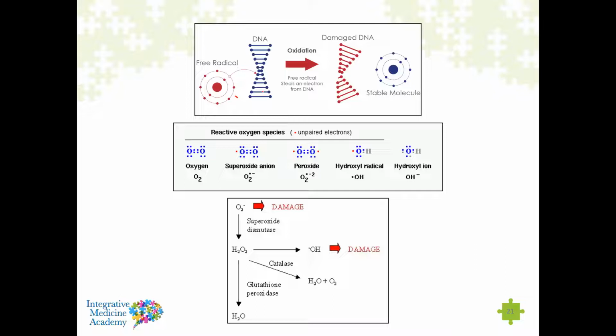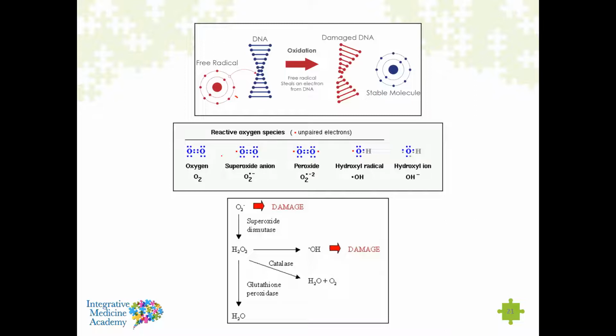Basically all of these elements are trying to get to what's called a noble gas. A noble gas has 8 electrons in its outer shell, so it's most stable and most happy at that point. So oxygen has 6 electrons in its valence shell, so it wants 2 more electrons to be stable.